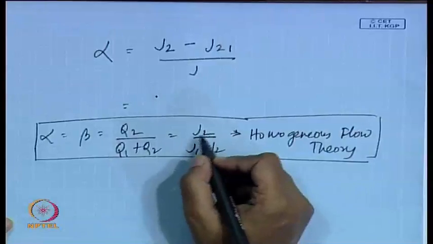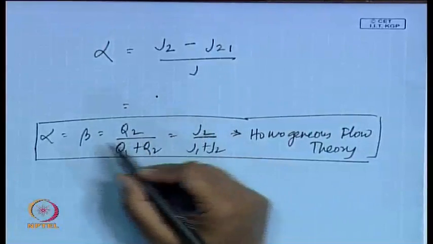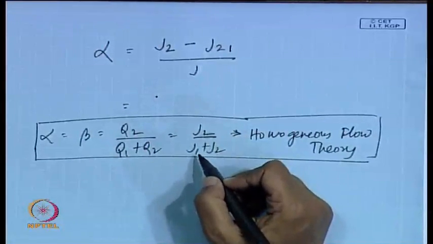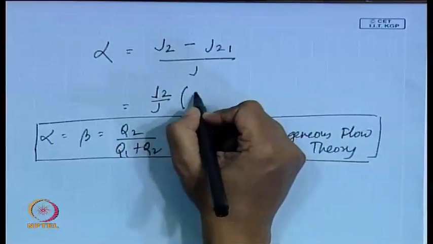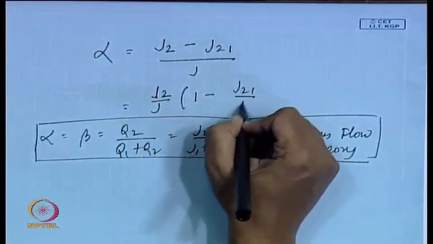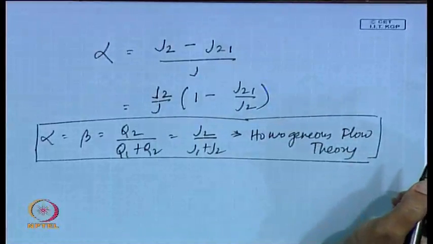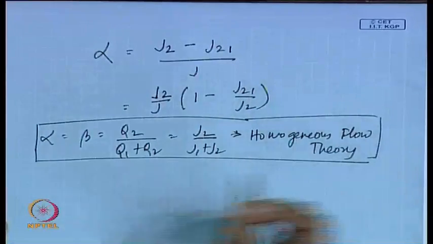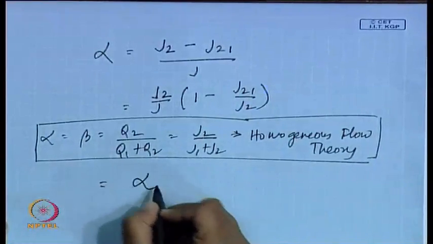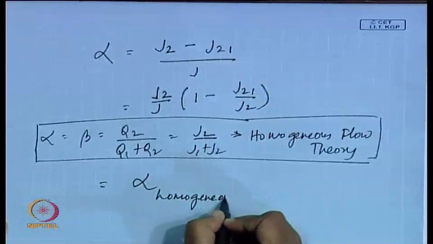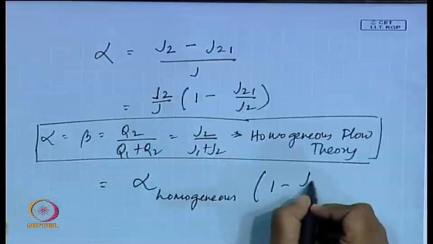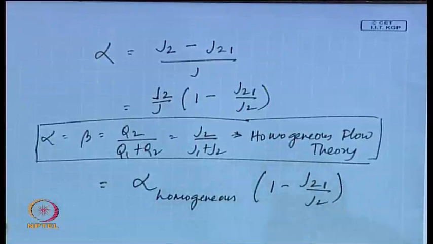So, from the homogeneous flow theory alpha equals J2 by J. So, this we can write as J2 by J into 1 minus J21 by J2, or this can be written as alpha homogeneous into 1 minus J21 by J2.